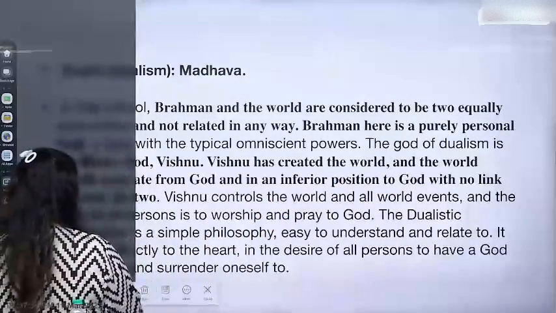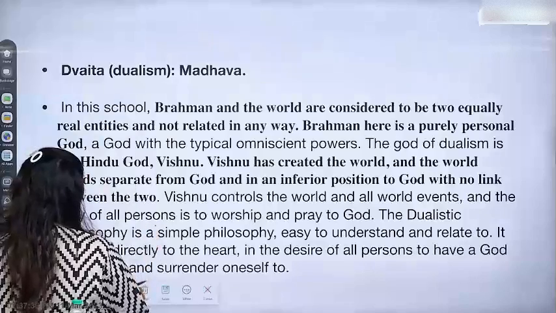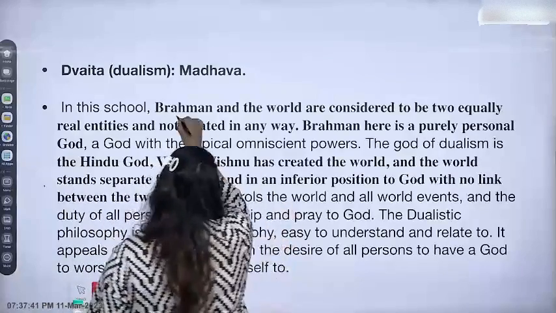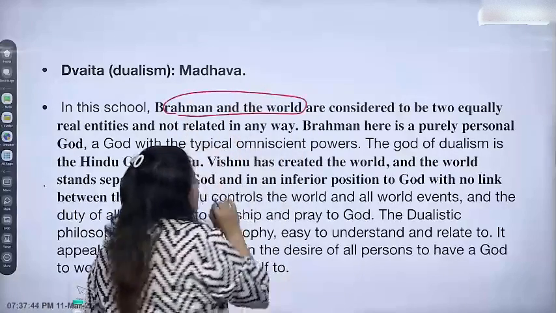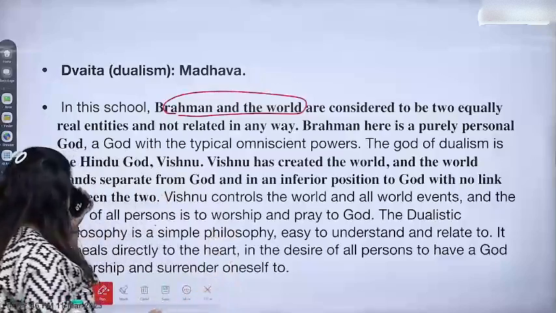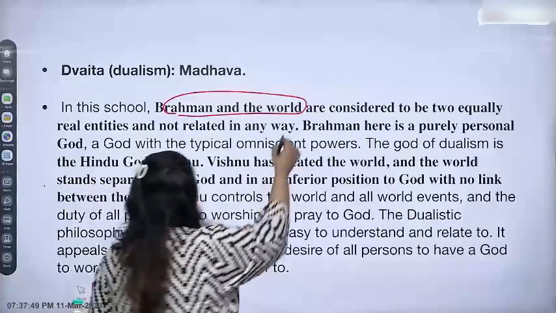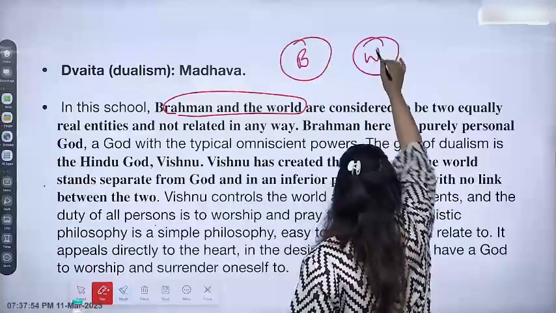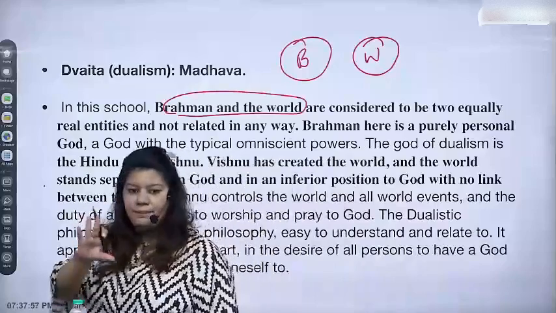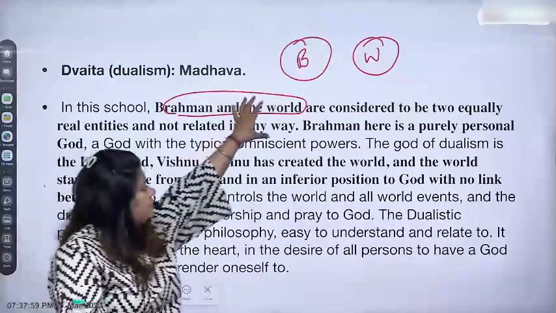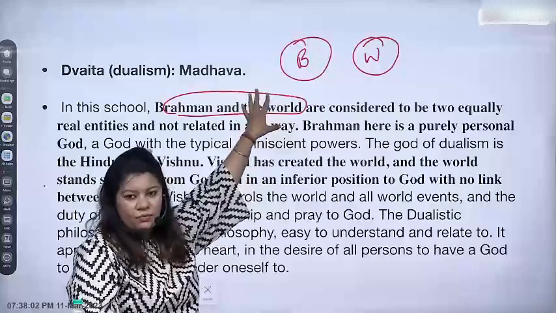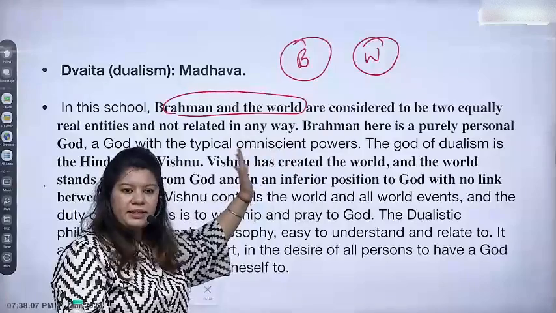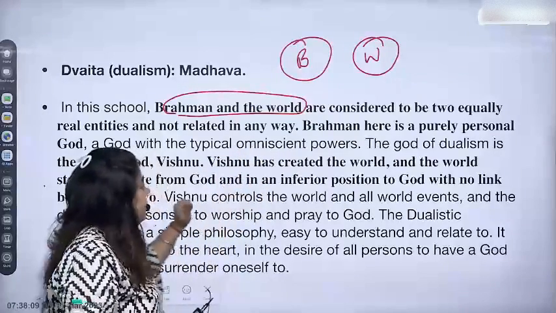Brahma and the world are two equally real entities and they are not related to each other in any way. This is Brahma, this is the world. If you draw a Venn diagram, you can infer this line in this form, that they are two equal real entities but they are not related to each other in any way, right?